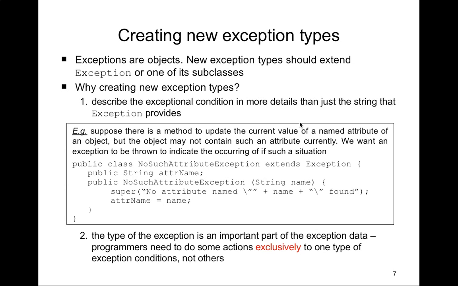You can print out the exception, toString. You can send it somewhere. You can have it do something. A new exception type should extend Exception or one of its subclasses. So if you look at the hierarchy, we can throw RuntimeException, IOException, EndOfFileException.